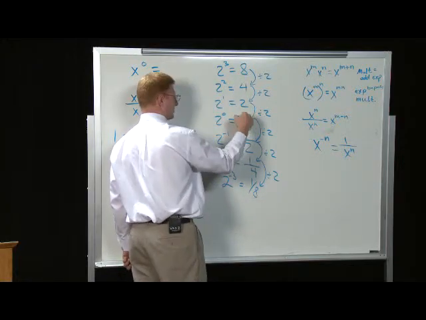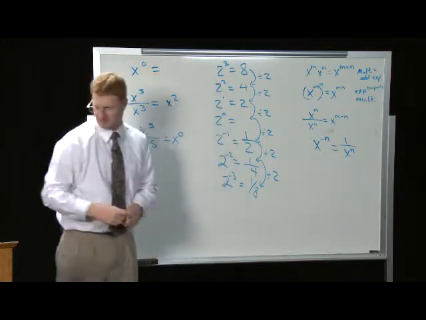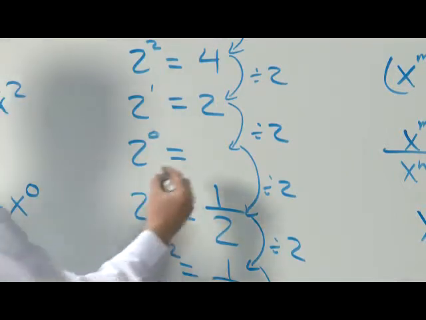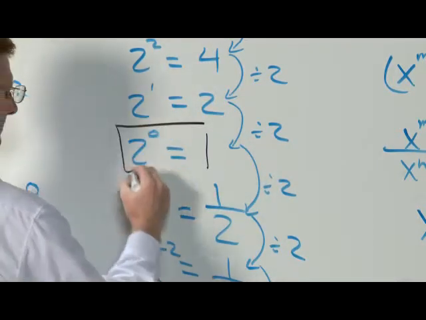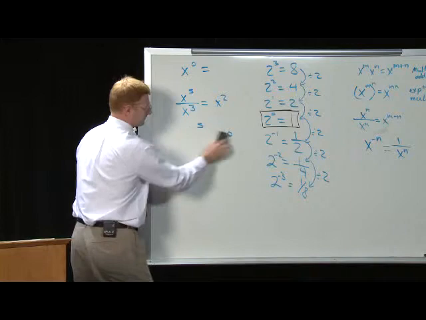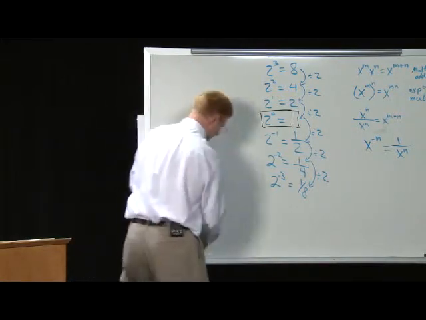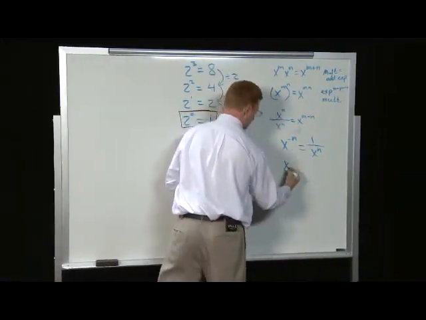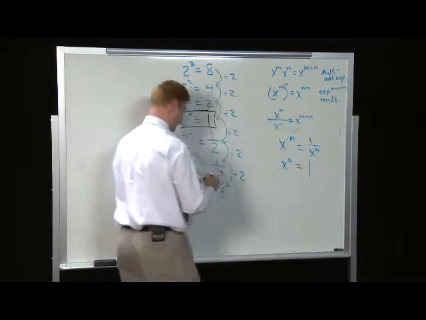So there's only one number that actually fits in that pattern. And it's the number 1. Anything to the 0 power is 1, which makes some of the problems you're going to run into relatively easy. Well, let's write this over here as a rule. Anything to the 0 power is 1.